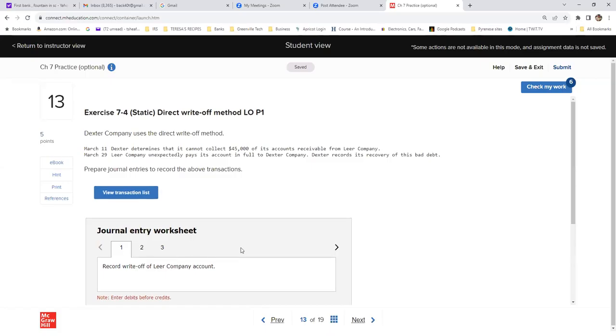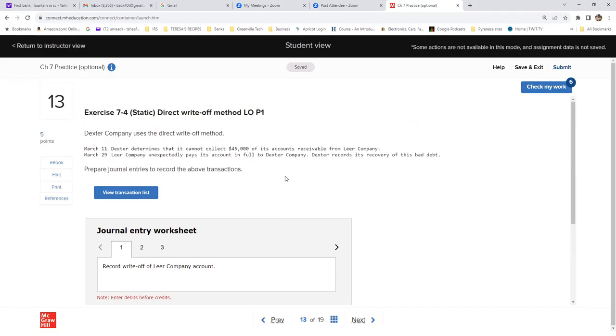Dexter Company uses the direct write-off method. Dexter determines it cannot collect $4,500 of its accounts receivable from Lear Company. Lear unexpectedly pays its account in full to Dexter Company on March 29th. Dexter records its recovery of the bad debt. So here we're going to have a multi-step thing like we did earlier.